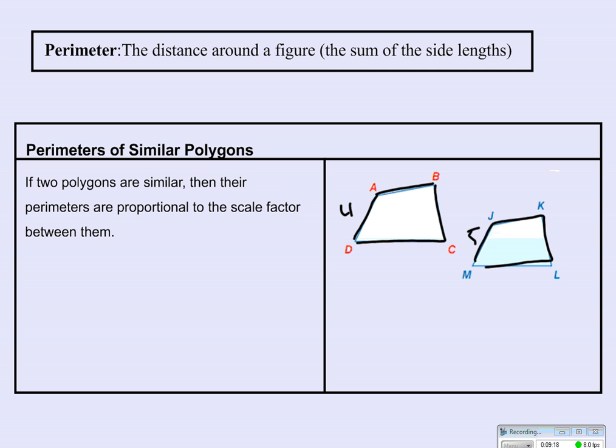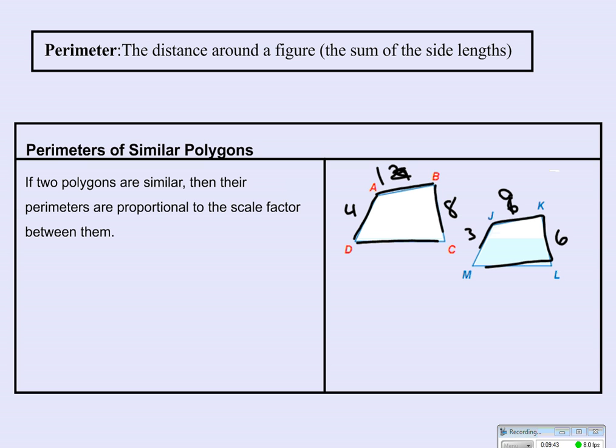Actually, don't do that. Don't go 4 and 5. This one looks bigger. So if I say this is 3, this is 4. It's not 6, 9. Sorry, dude. 9 and 12. And then let's say this is 6 and this is 8.